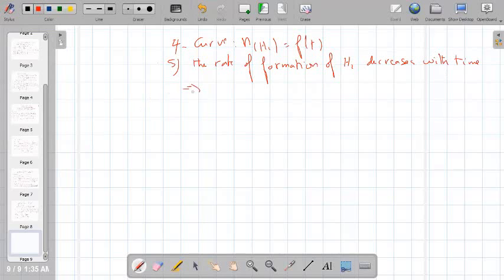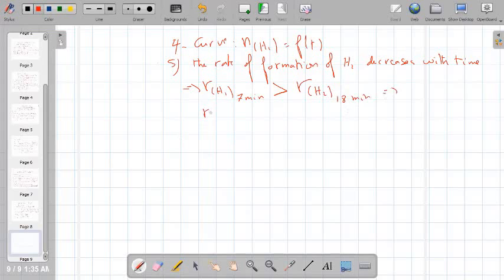Then the rate of H2 at 7 minutes should be bigger than the rate of H2 at 18 minutes.